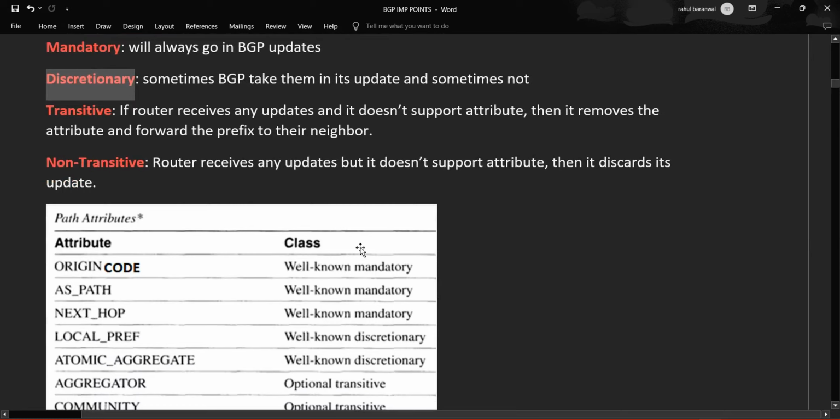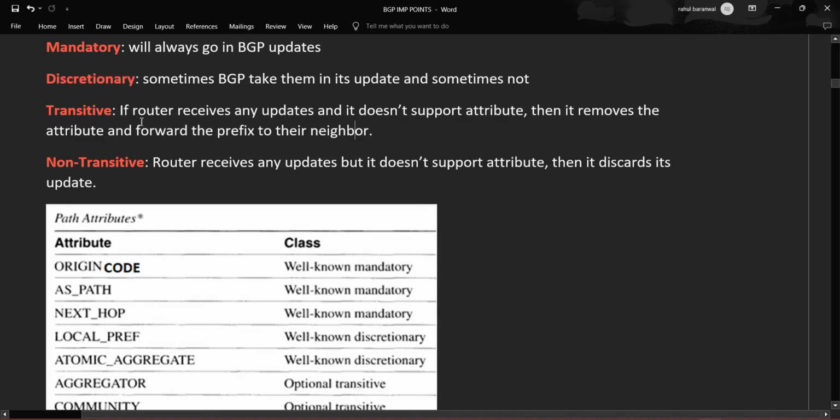Here we have a list: origin code, AS path, and next hop reachability come under well-known mandatory attributes, and local preference and atomic aggregate come under well-known discretionary. We will understand in the next few minutes why BGP sometimes takes them in its updates and sometimes not, right?